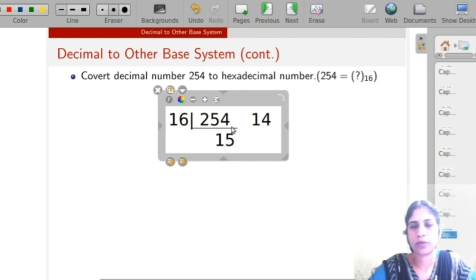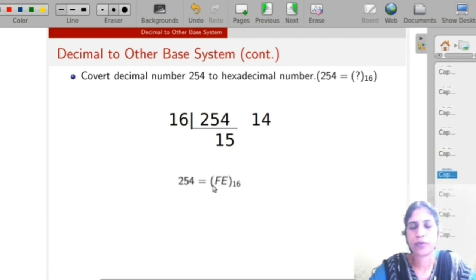Here we get 15 and 14, so we read it from bottom to top. 15 in hexadecimal is F and 14 is E. So our answer is 254 is equal to FE base 16. Here 15 is equivalent to F and 14 is equivalent to E in hexadecimal.